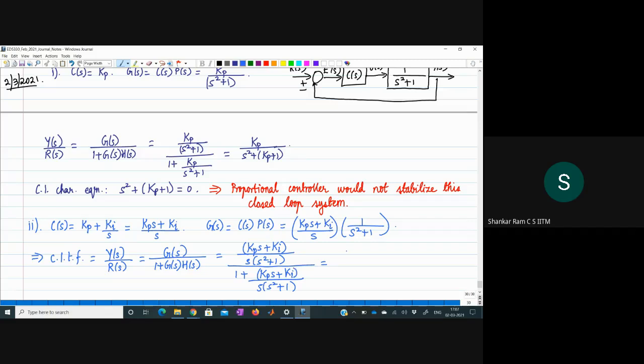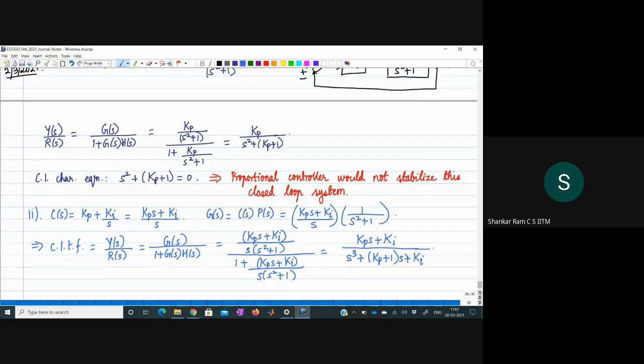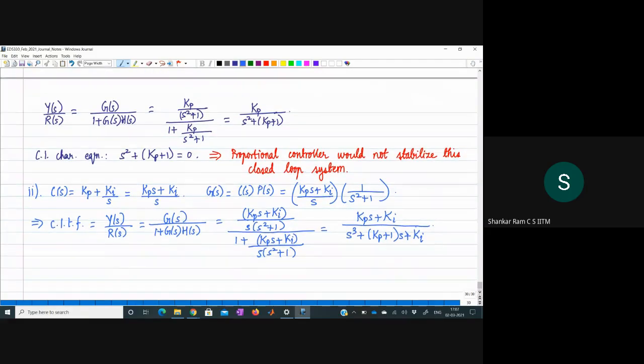Then if we take the LCM and simplify, what we are going to get is Kp s plus Ki in the numerator. In the denominator we'll get s cubed plus Kp plus 1 times s, and Ki. Please note that s times s squared plus 1 will cancel off in both the numerator and the denominator.